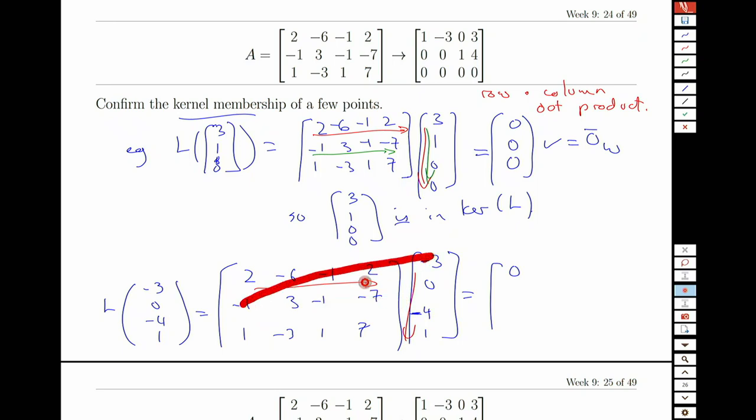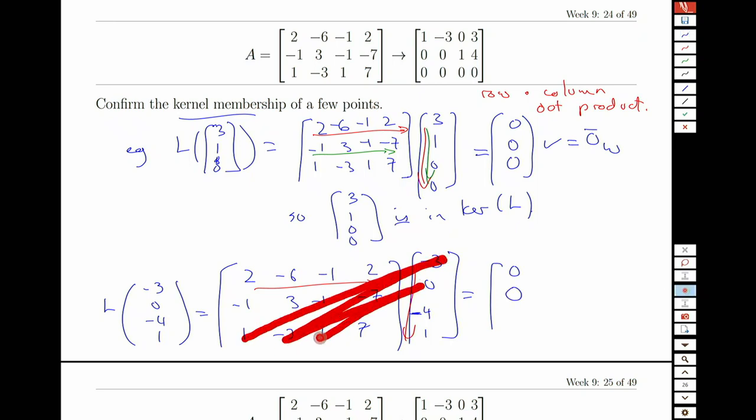You get +3, 0, +3, +3, +4 is 7, -7 is 0. And last but not least, -3, -4 plus 7 is also 0. So again, if that row thing is not making sense, we can walk through that in more detail if you like as well. But it's the dot product of the coefficients with the x, y, z, w values.